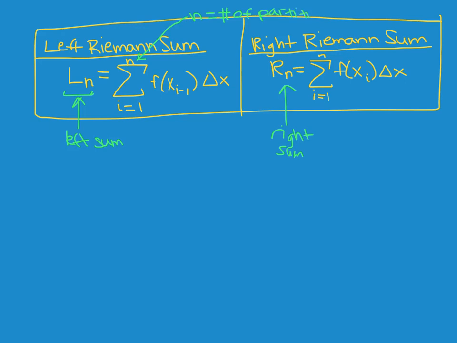You often hear them called partitions. And that's the same for both left and right Riemann sum. This delta x, remember that's the letter delta, is going to be the width of your rectangle.